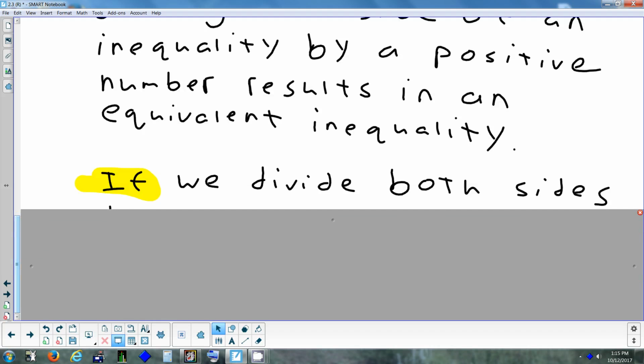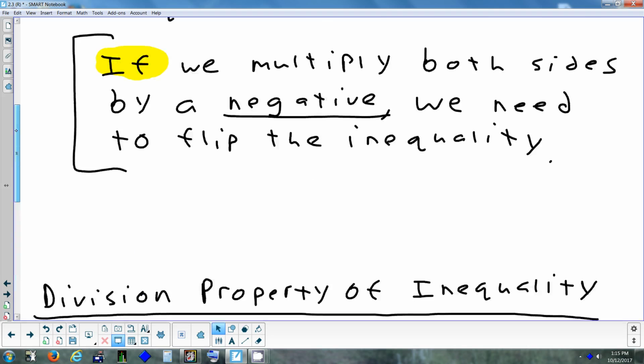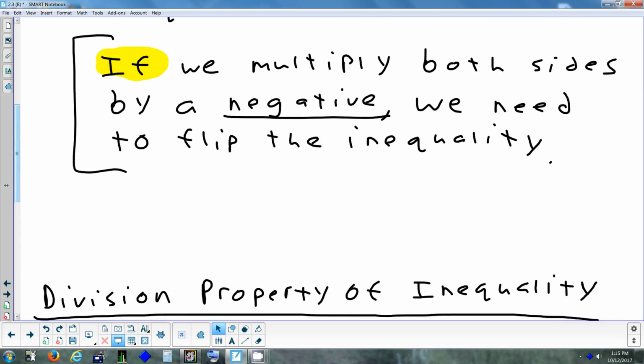If you divide both sides by a negative, what do you have to do? You wouldn't have to flip. No, you would have to flip the sign. What did we write for the one above it? If you divide both sides, or multiply both sides, by a negative, what do you need to do?